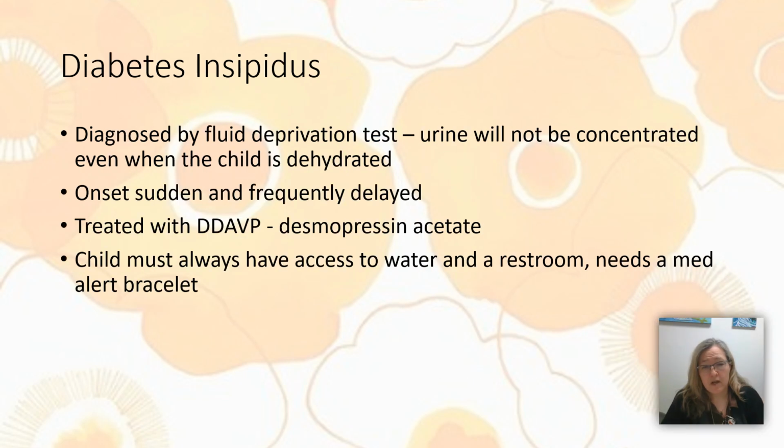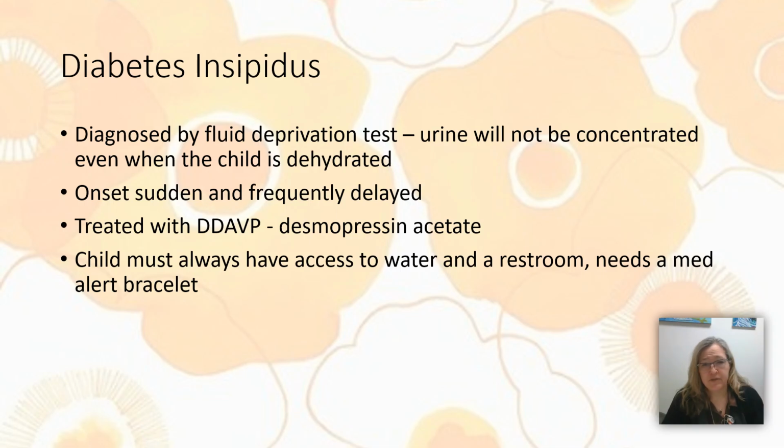So if the problem with diabetes insipidus is that you have an inability to concentrate urine, then that's the test. Normally if you and I are deprived of water, our urine output will go down and down and down.